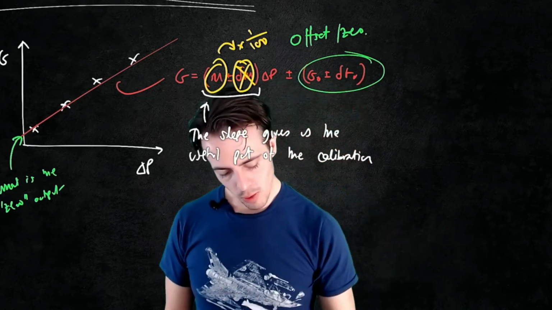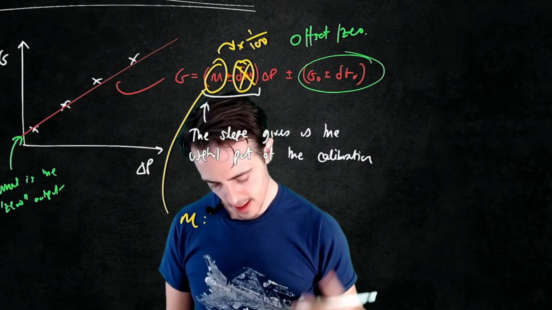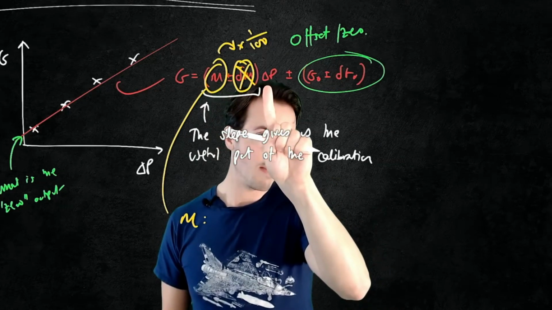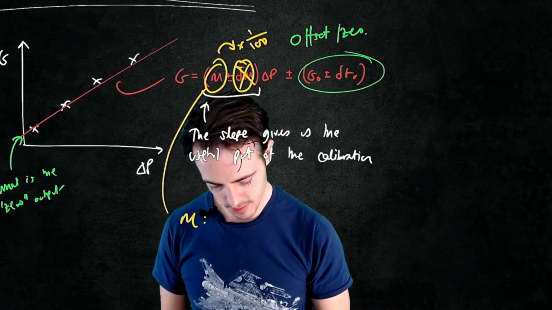So let's think about what this number actually means. This is the sensitivity, and if I change the input differential pressure, it's how much the output changes.